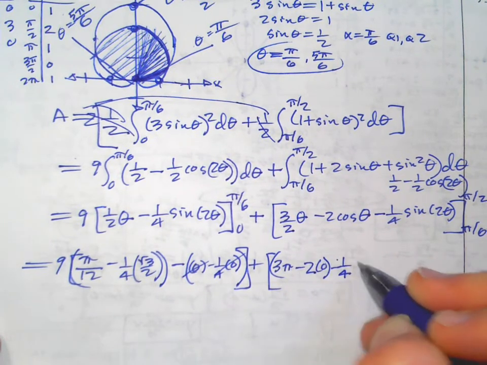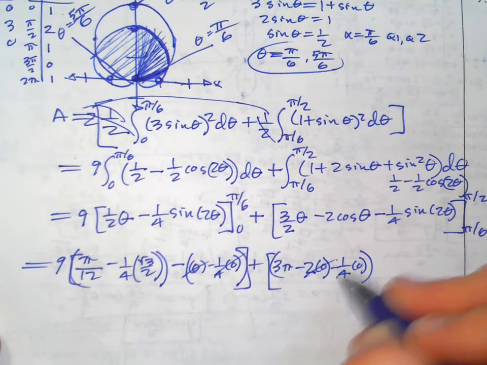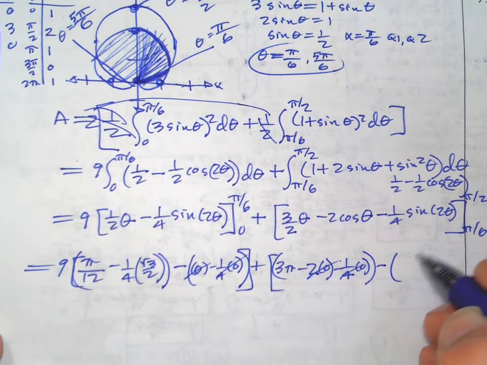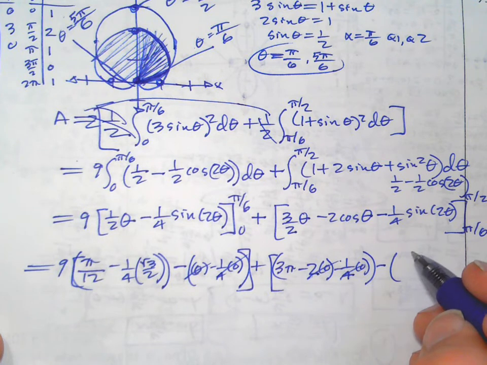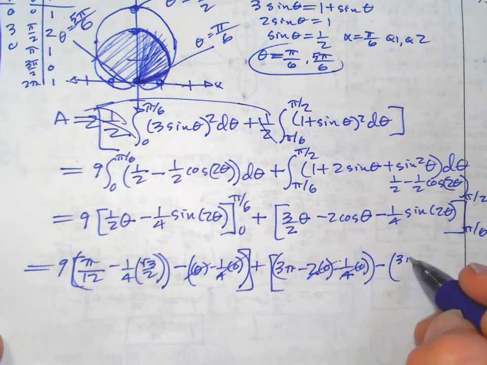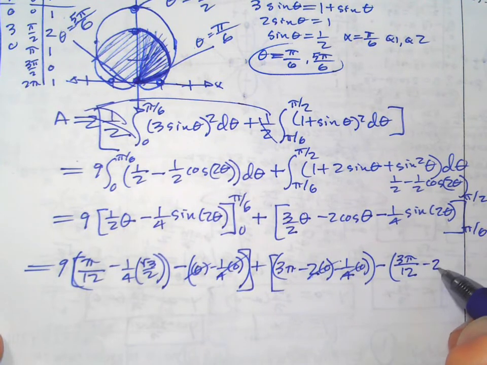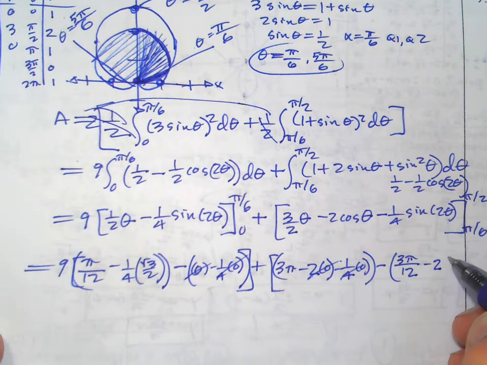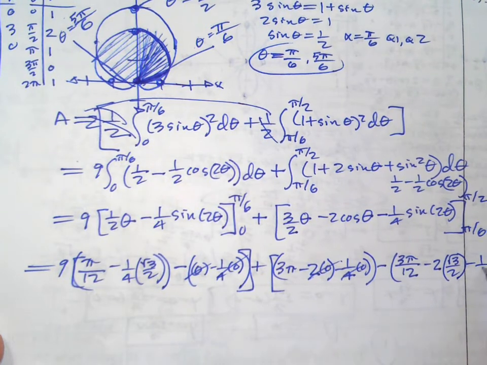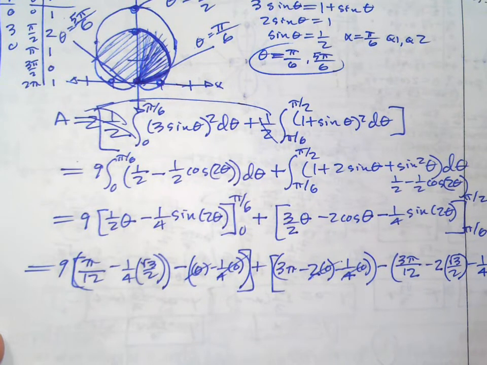Sine of pi is 0. And then that's going to be 3 pi over 12. Cosine of pi over 6 is root 3 over 2. Sine of pi over 3 is root 3 over 2.